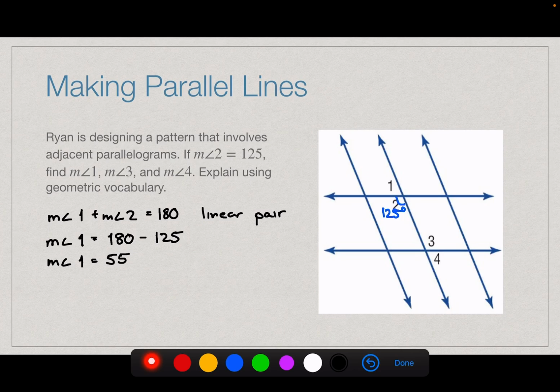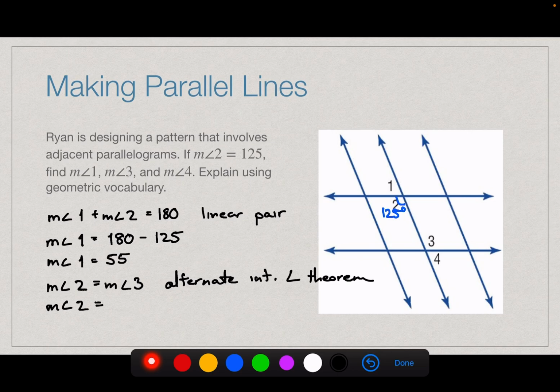We can also say that the measure of angle 2 is equal to the measure of angle 3 because of the alternate interior angle theorem. So therefore we can say the measurement of angle 2 is equal to the measurement of angle 3 is equal to 125.